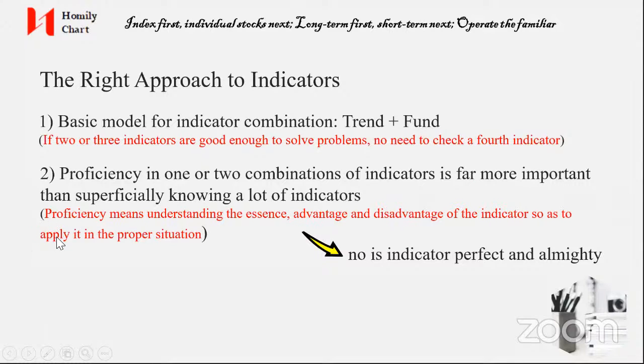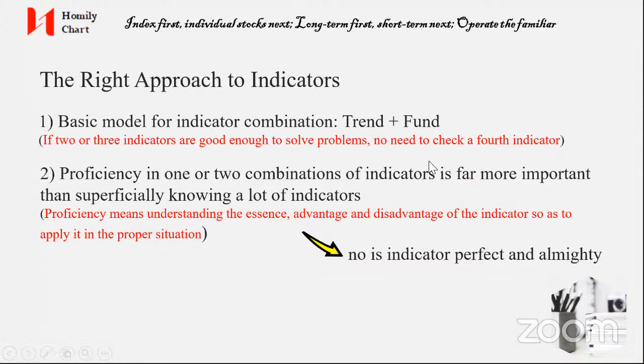And here, proficiency means that you understand the essence, advantages, and disadvantages of the indicator so that you know where to apply it. What situation is the best to apply these indicators or indicator combination.